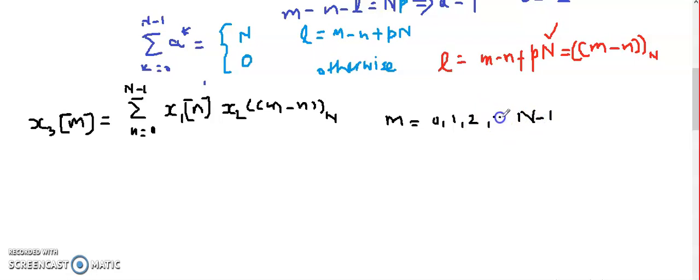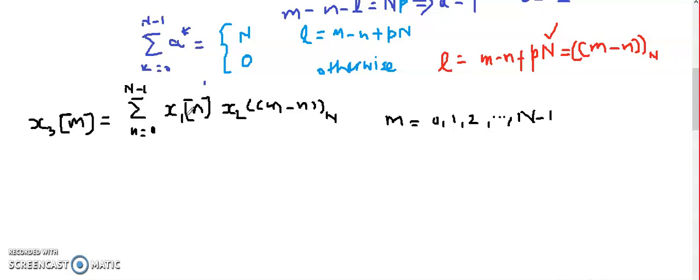Okay, and this is what we call, this is the same as the convolution sum.